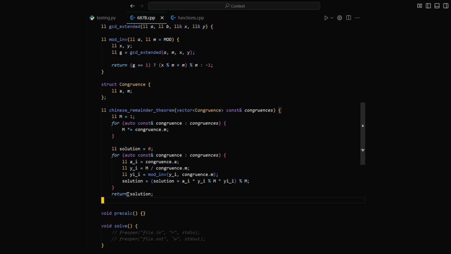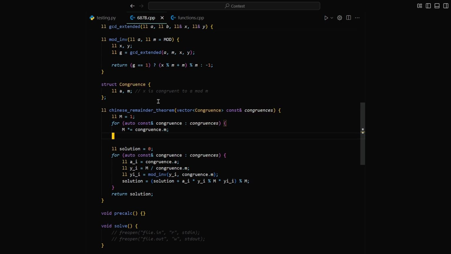Okay, so here's the algorithm. It's not really that complicated. So first we have a struct here of congruences. Now each instance of this struct actually just means that x is congruent to a mod m. Okay, that's it. So we're going to have, in our case, k instances of the struct, and they will be passed as an argument in a vector to this function.